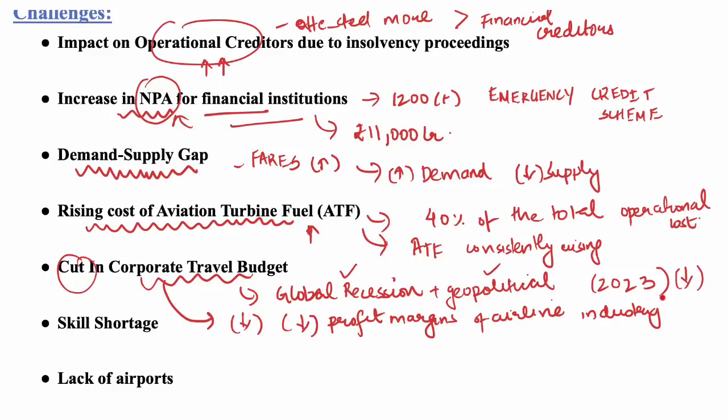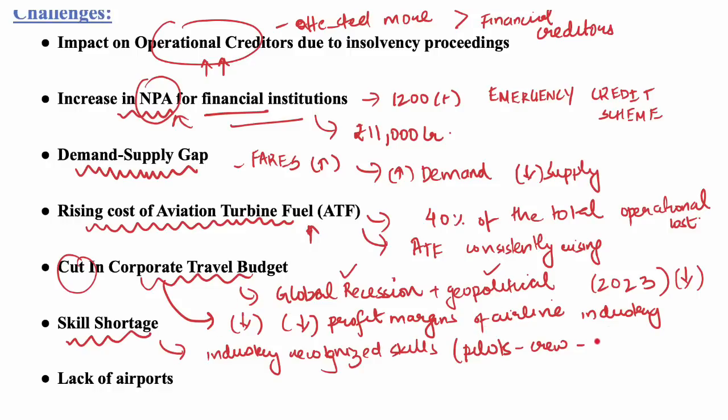The next challenge that the airline industry faces today is the issue of skill shortage. There are shortages and gaps in industry-recognized skills, from airline pilots and crew to maintenance and ground staff, or the MRO operations. And this shortage of the required skills creates further challenges for the airline industry.